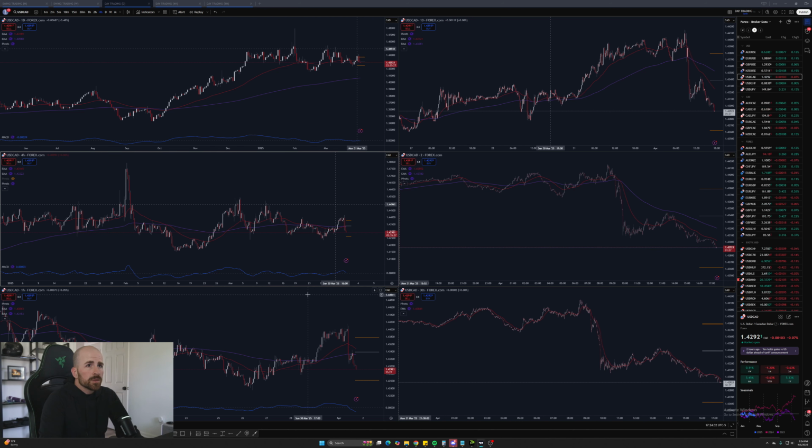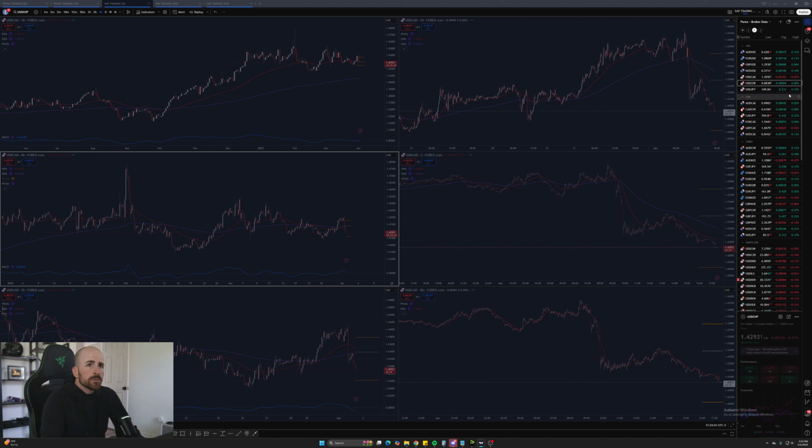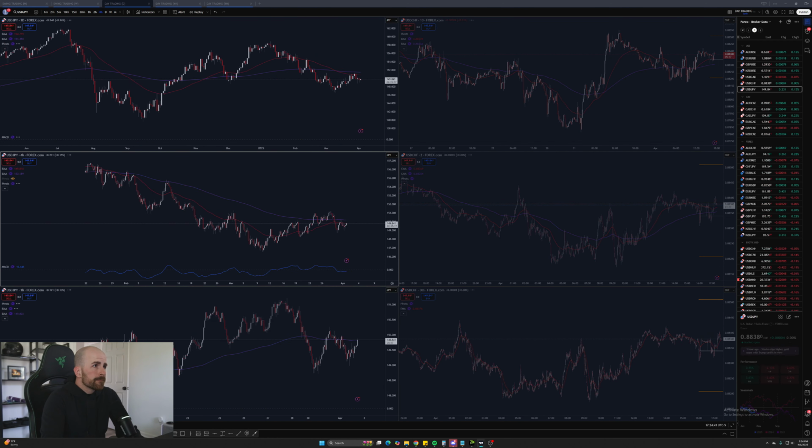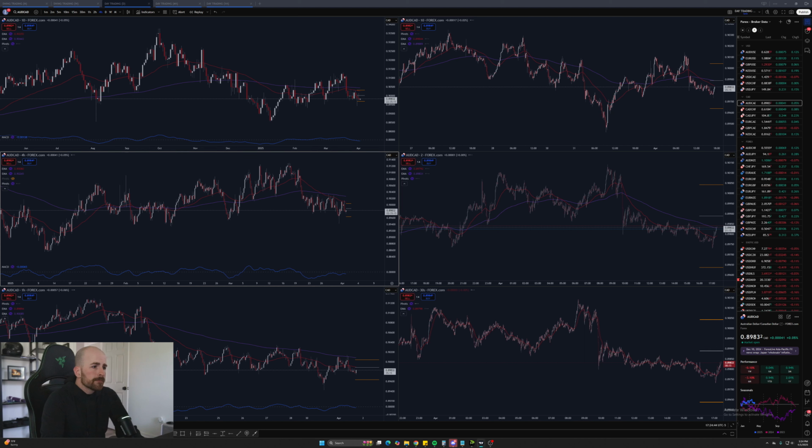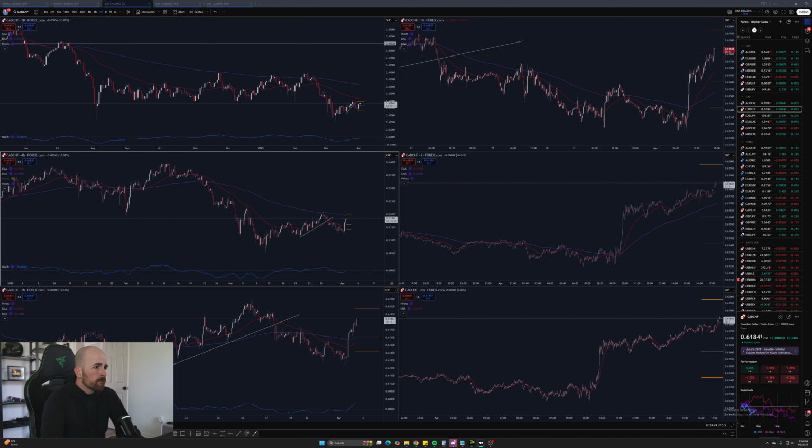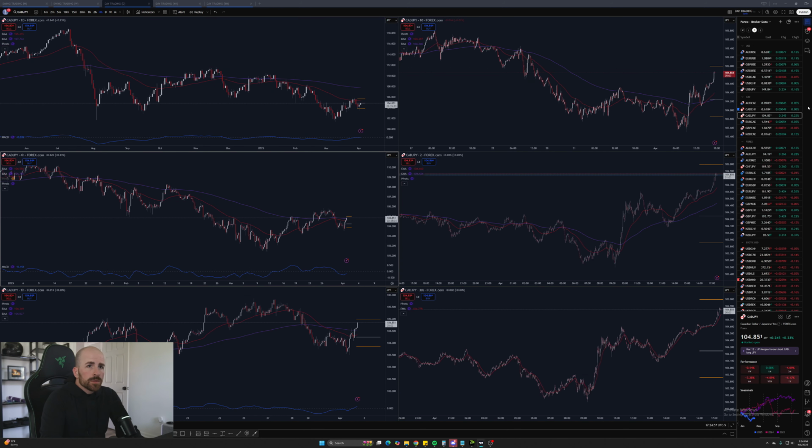Very similar kind of trade. It's not really a way to get into it. Let's flag that. Potential CBO.